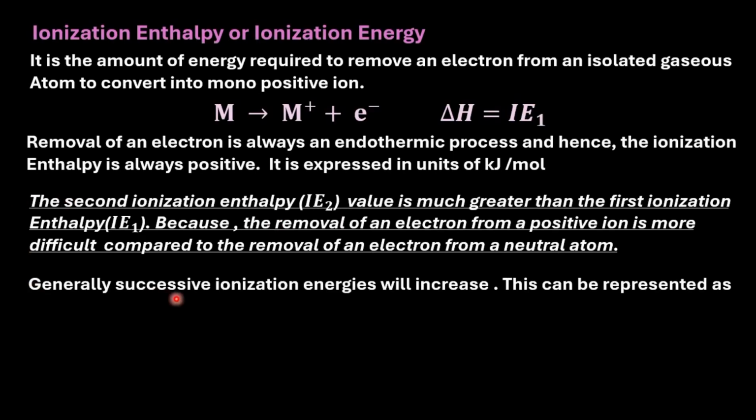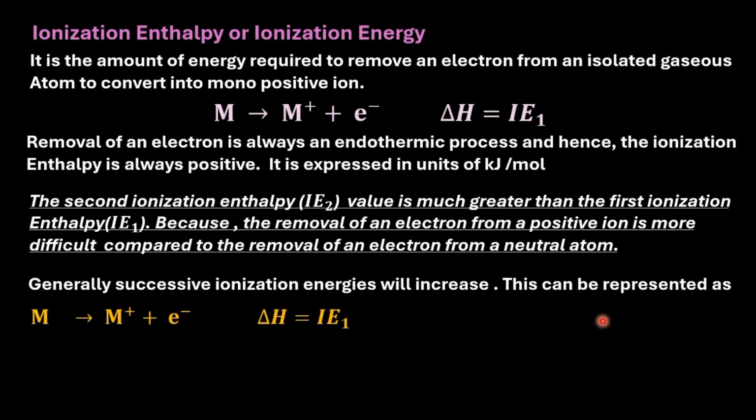Next, if you continue removing electrons one by one, it always becomes more difficult, so the ionization enthalpy value increases on successive ionization enthalpies.